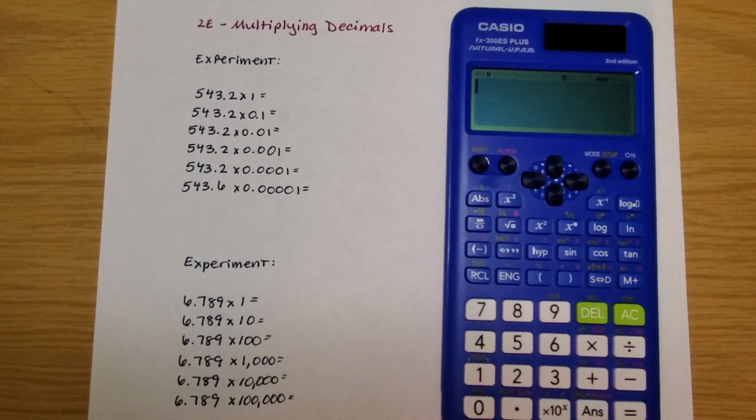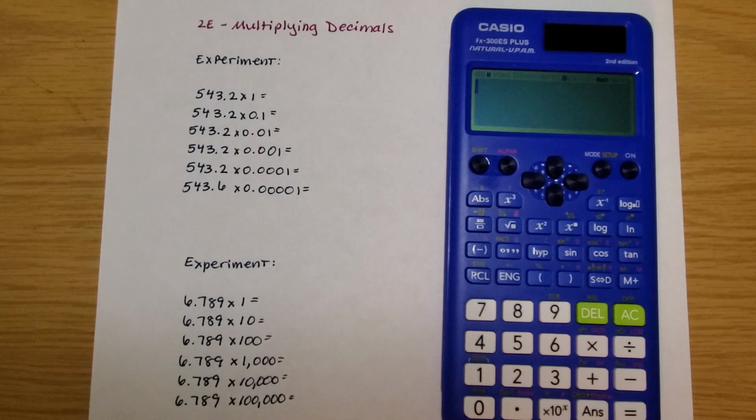Particularly multiplying decimals together. So far we've discussed addition and subtraction of both whole numbers and decimals, but we only explored multiplication and division of whole numbers. So we've kind of held off on decimals for a little bit, and that's because they're a little bit more complicated.